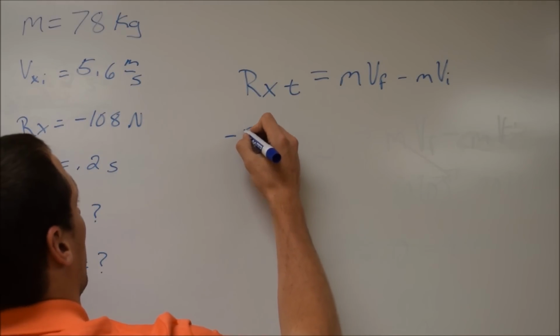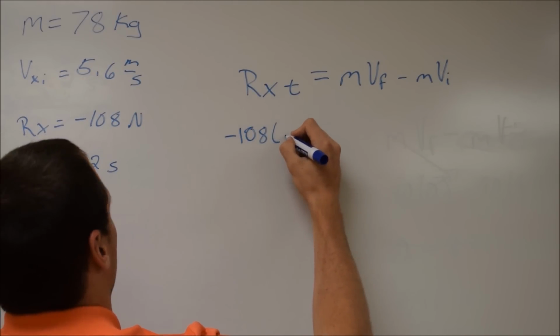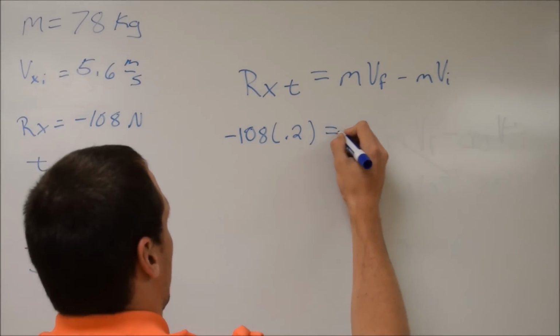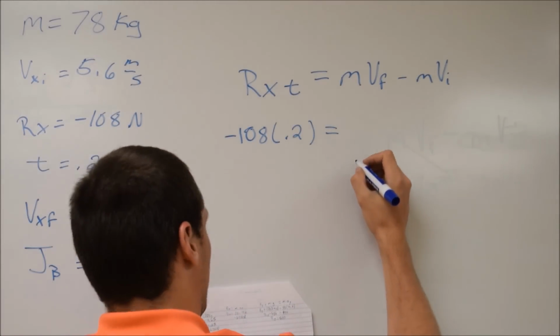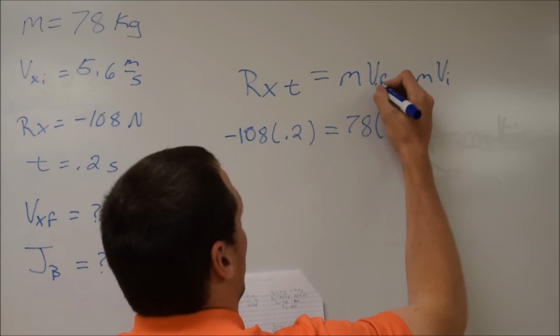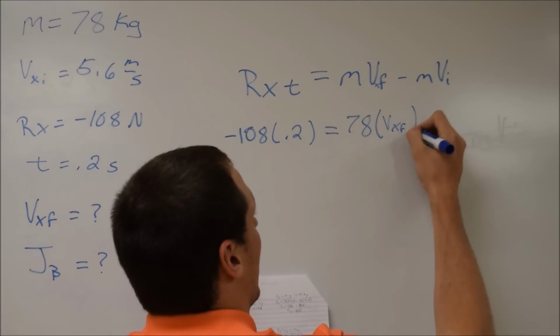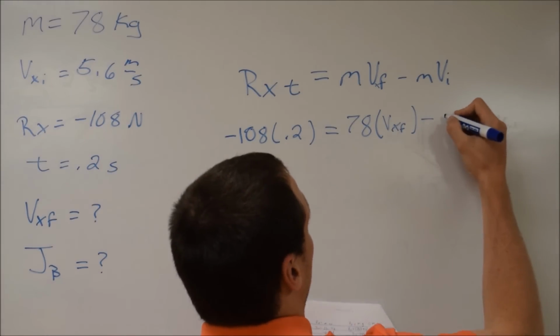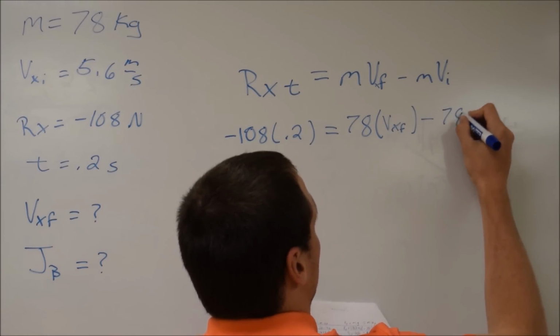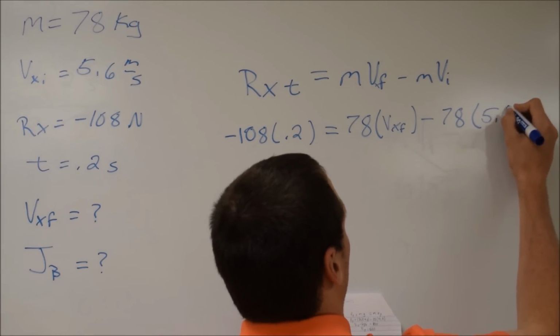We get negative 108 for Rx. Time is 0.2 is equal to our mass, which is 78, times our Vxf, which we don't yet know. So we're going to have to isolate that later, minus our mass again, which is 78, times our initial velocity, which is 5.6.